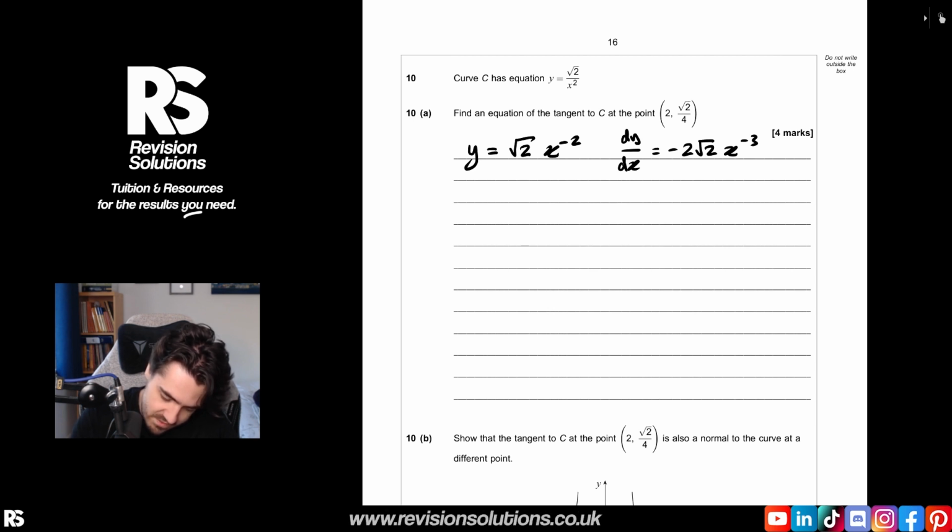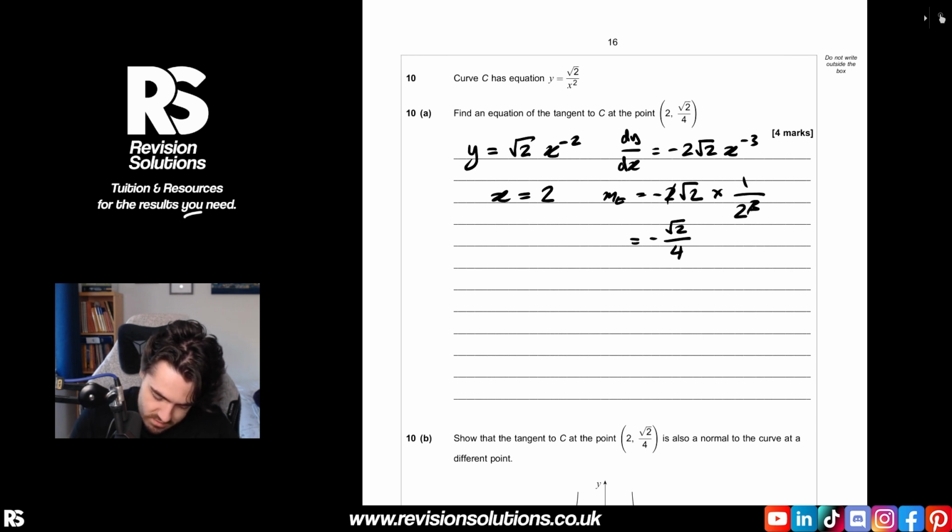And then to get the gradient of our tangent, we're going to plug in the x value of 2 from our coordinate. Meaning the gradient of our tangent is going to be minus 2 root 2 times 1 over 2 cubed. And then one lot of 2 would cancel out, leaving us with 1 over 2 squared, so that'd be 4. So we'd have minus root 2 over 4 for the gradient of our tangent.